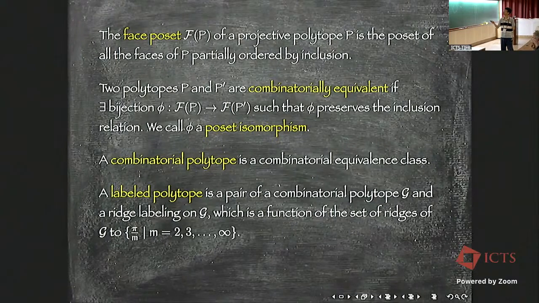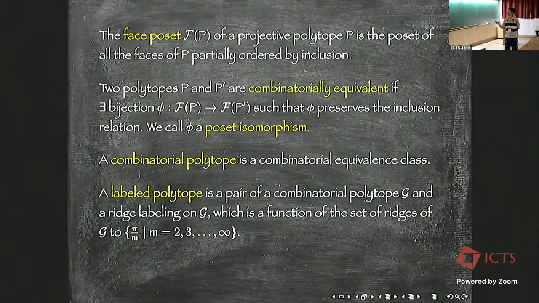Then two polytopes are combinatorially equivalent when there is a bijection between the face posets which preserves these inclusion relations. Of course, the combinatorial polytope is simply the combinatorial equivalence class.